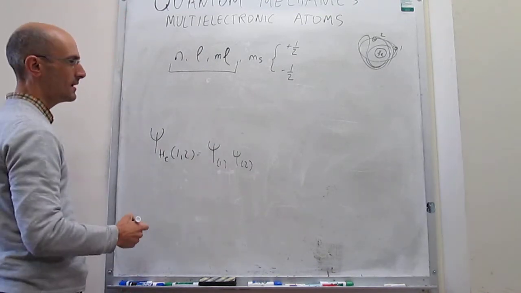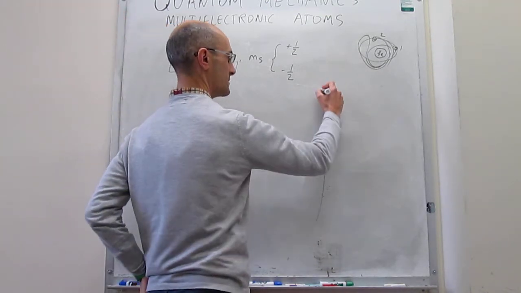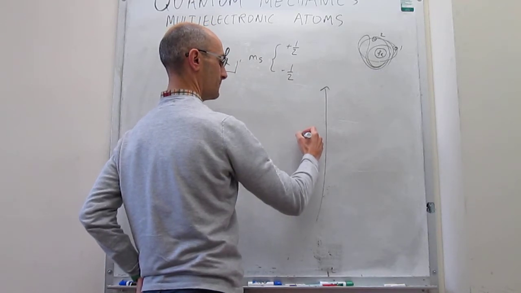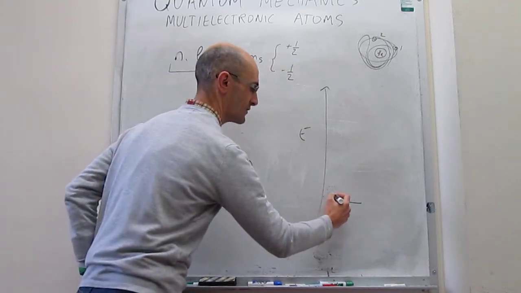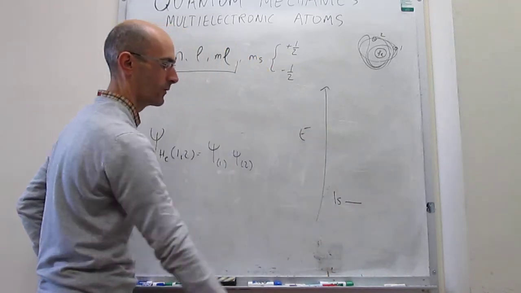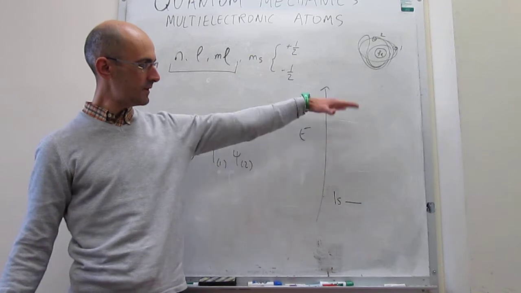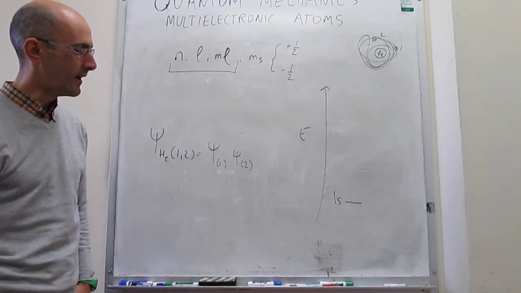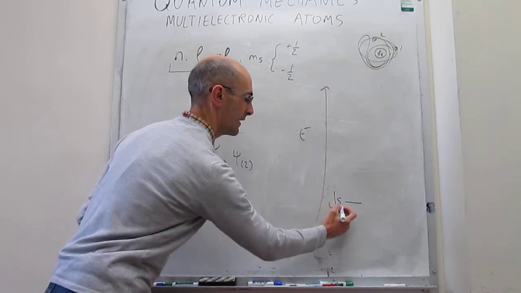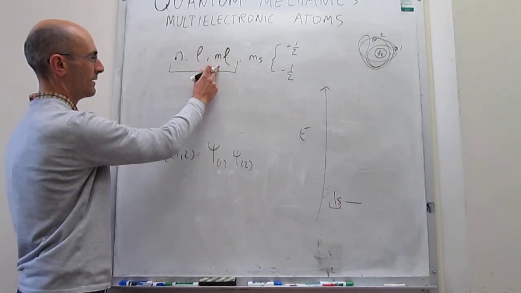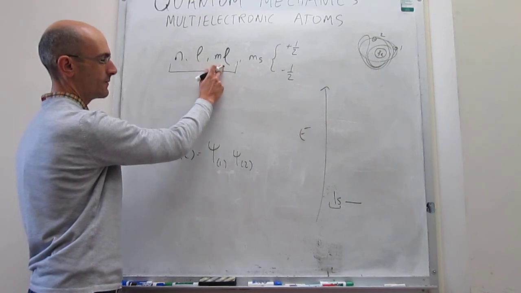Okay? So when we're trying to answer the question, well, what is the electron configuration of helium? Okay, notice that when you think about the lowest energy state of helium, this is energy. The first wave function that you have of lowest energy is equal to the 1s orbital. Okay, then you have the 2s, 2p's, and then those orbitals have higher energy. Well, it turns out that, again, this 1s only gives you the values of n, l, and m sub l, 1, 0, and 0. Right?